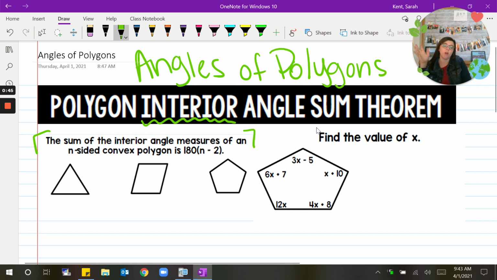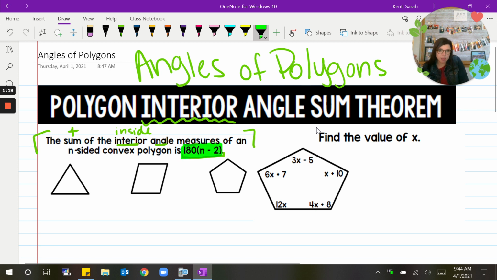If we add up all the angles inside, the sum of the interior angle measures of an n-sided, so that means any number of sides, convex, points out, polygon, is 180 times n minus 2. So this is the piece right here that we need to remember.